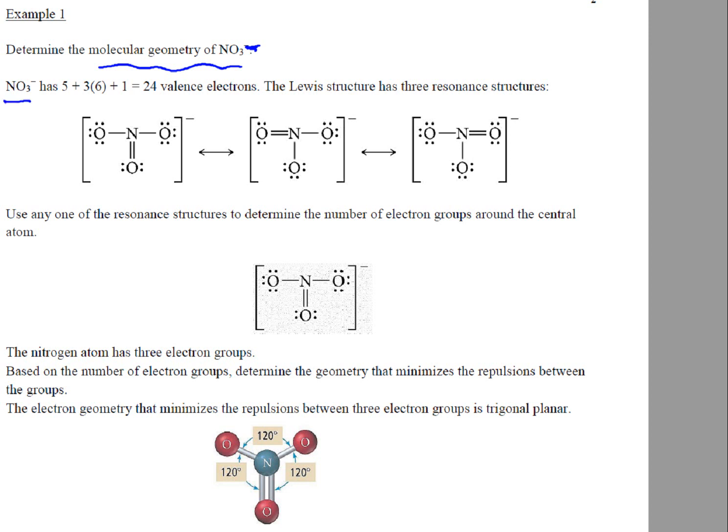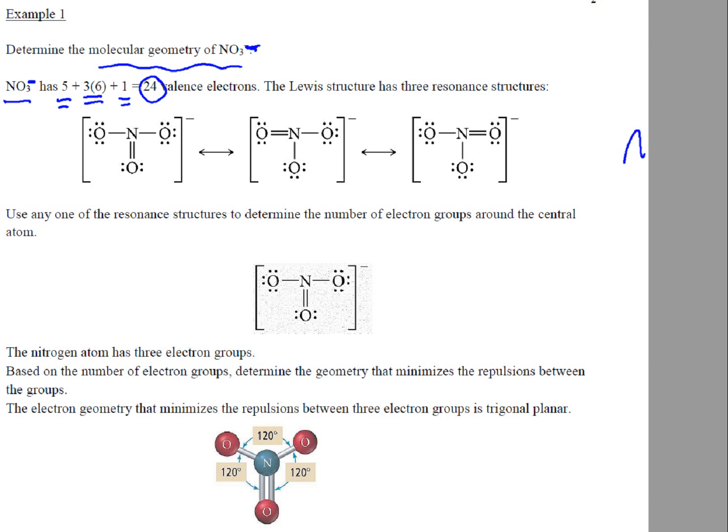So in NO3, N has 5 electrons in the outer shell, each oxygen has 6, 6 multiplied by 3 equals 18, plus 1 for the negative charge. So the overall number of electrons is 24. So draw the Lewis structure first and then recognize the resonance forms for it.